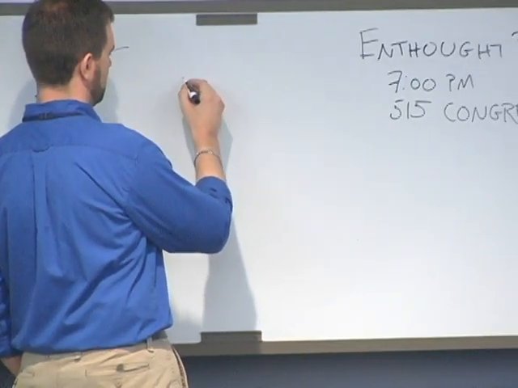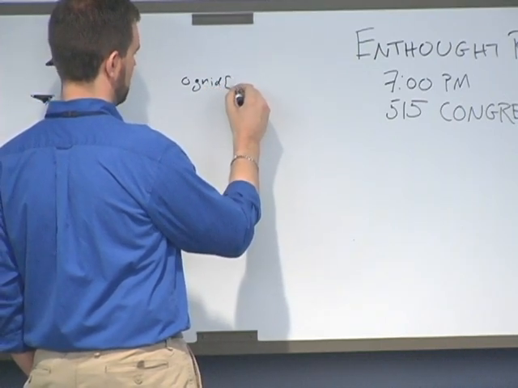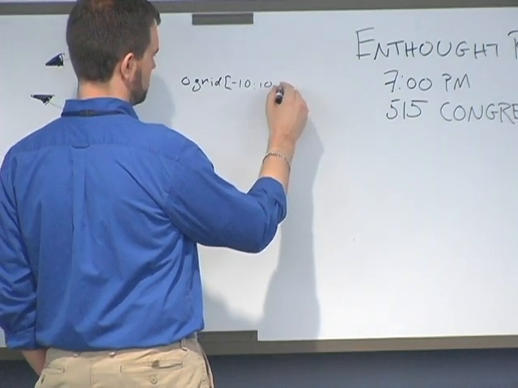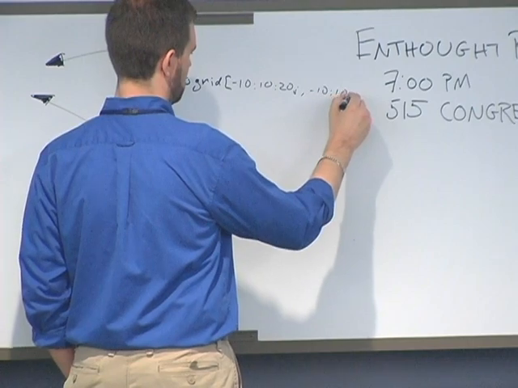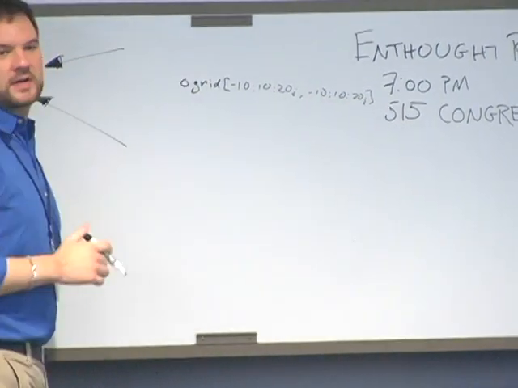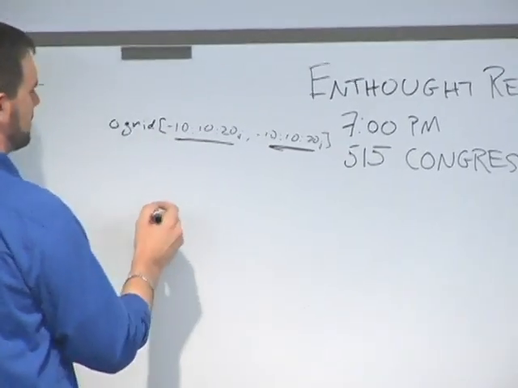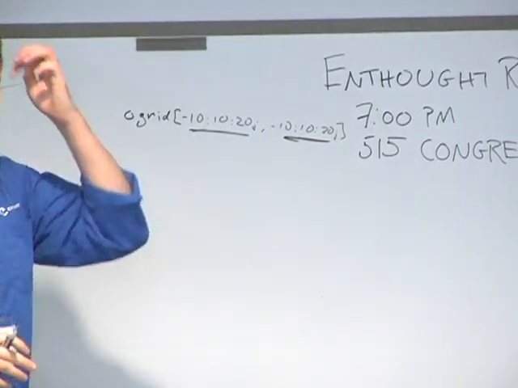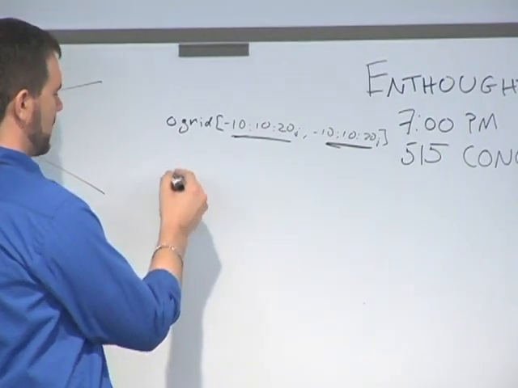We say minus 10, 10, 20j. It's got this bizarre syntax, but what this is doing is saying start at minus 10, go up to 10, and give me 20 evenly spaced values between those bounds.